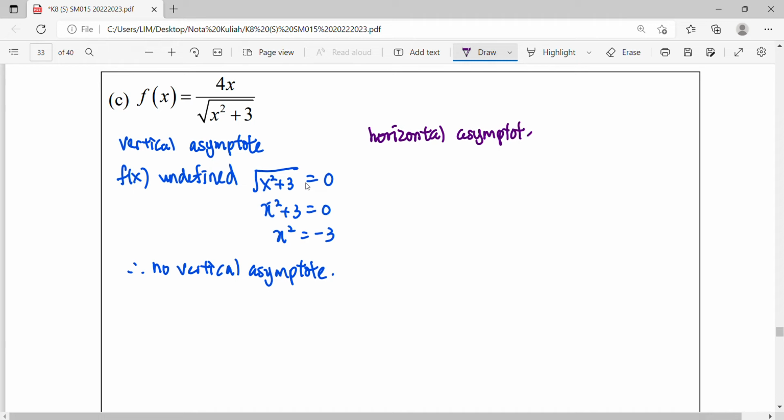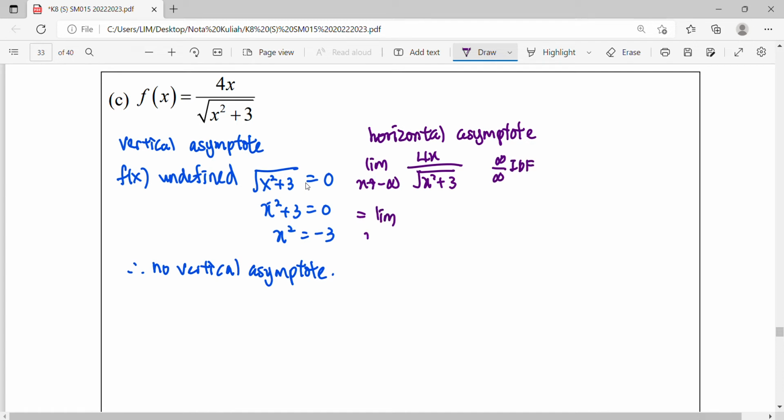Okay, so for horizontal asymptote, we're going to calculate the limit as x approaches -infinity of x over square root of x squared plus 3. So try to solve this limit at infinity. We substitute the infinity in, it will become infinity over infinity, IDF form.